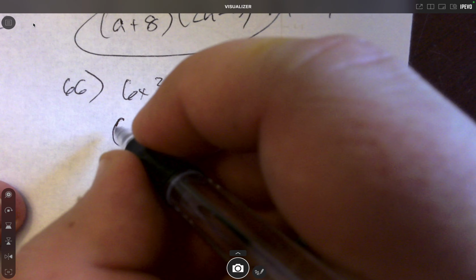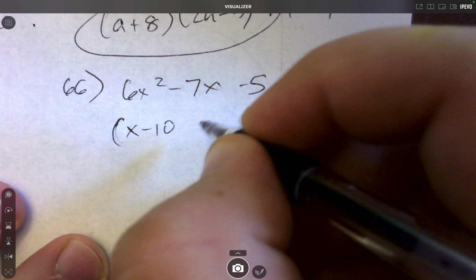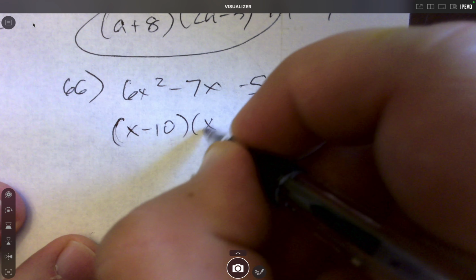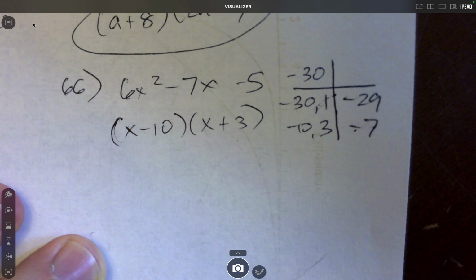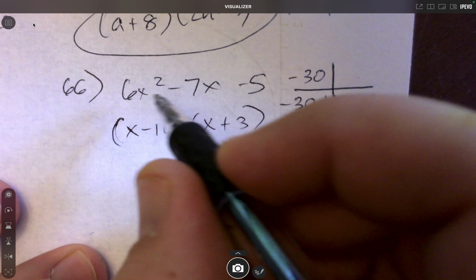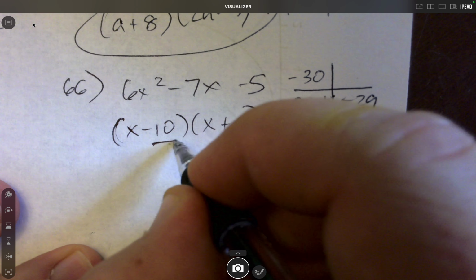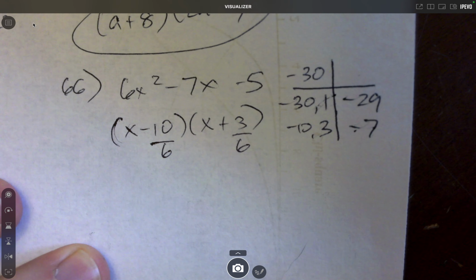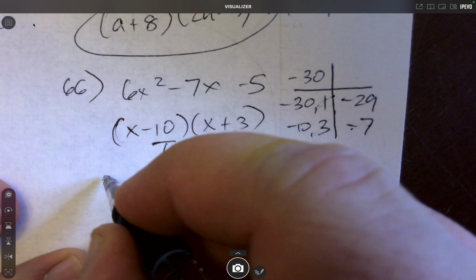So we get x minus 10 and x plus 3. Okay, this is a good example because there are times where you have to reduce the fraction before you do anything. So we still have to divide both of these by 6. But we can't just bring the bottom up right now. We have to reduce these fractions first.